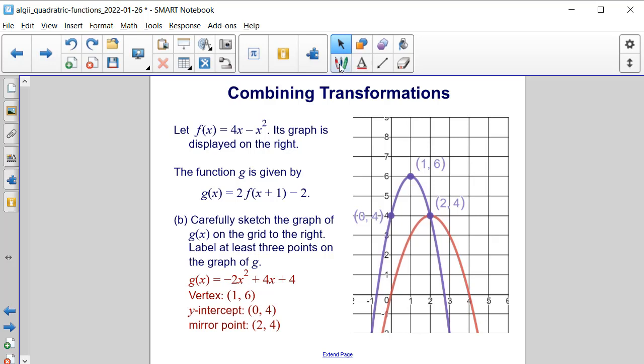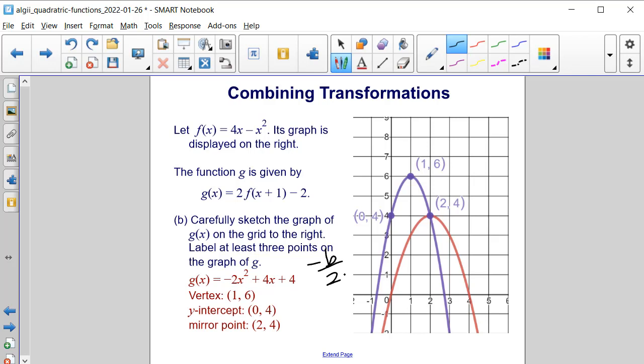Once we have the function for g of x being negative 2x squared plus 4x plus 4, we can find the vertex using negative b over 2a. So that would be negative 4 over 2 times negative 2. So the two negatives become a positive, and 4 divided by 4 is 1.